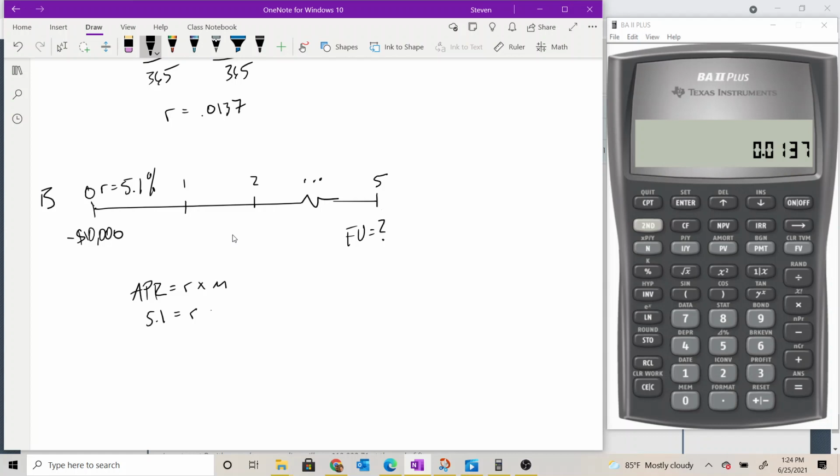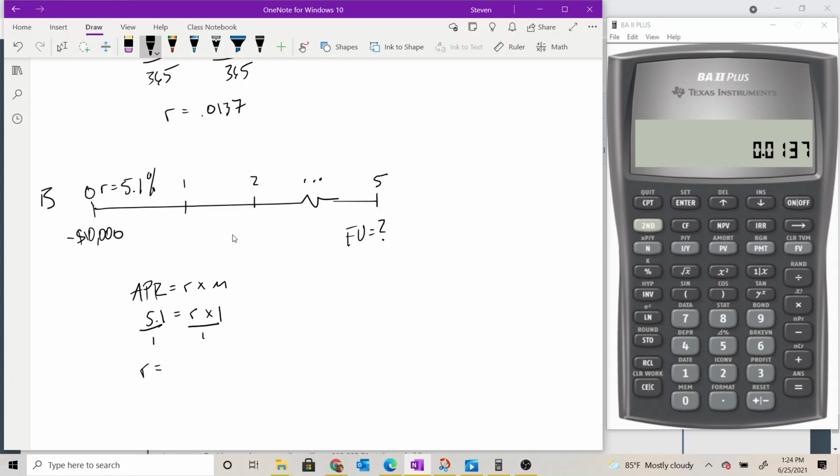Little r is what we want to solve for. And the M is the number of compounding periods per year. Well, in this case, since we're only getting credited interest annually, M is 1. And so to figure out what little r is, we need to solve for it. So we'll divide both sides by 1. Well, 5.1 divided by 1 is itself.